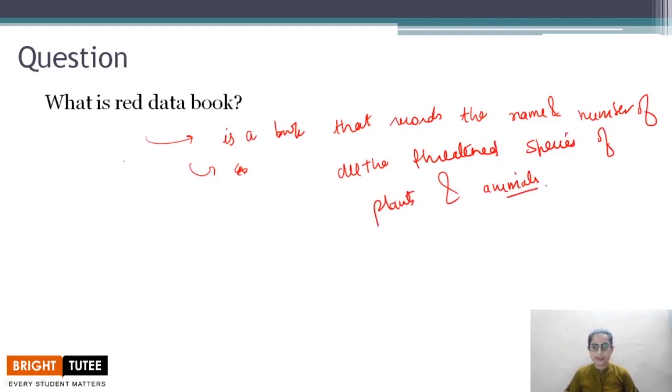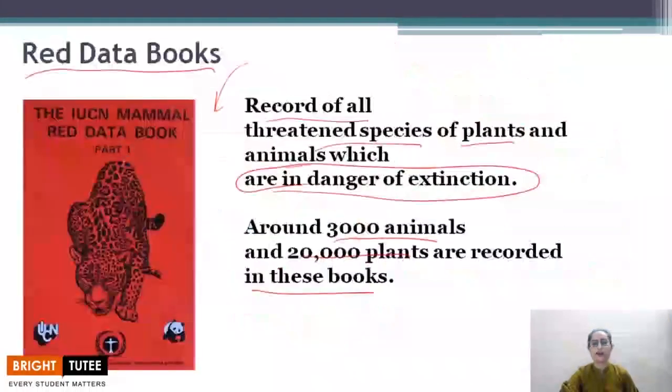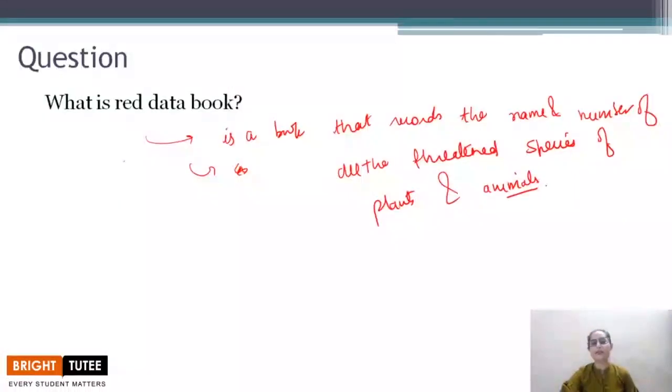Right? Basically, we studied that almost 3,000 animals and 20,000 plants have been enlisted in this book as endangered, threatened basically.